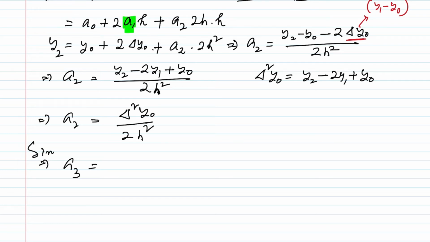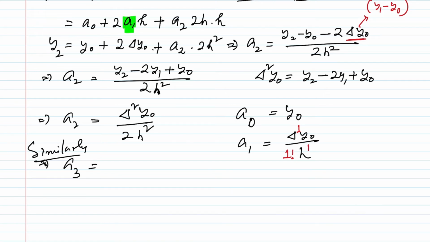So now let us observe the pattern. We have got a0 is equal to y naught. We have got a1 is equal to del y naught by h, so it can be written as del to the power 1 y naught by factorial 1 into h to the power 1. And similarly a2 can be written as del square y naught by factorial 2 into h square.